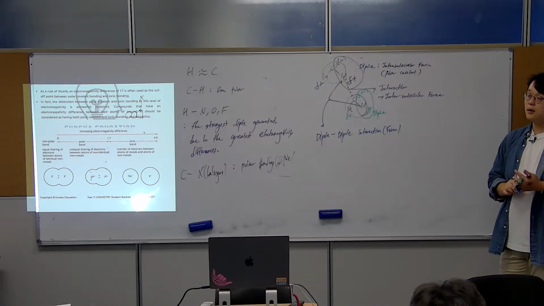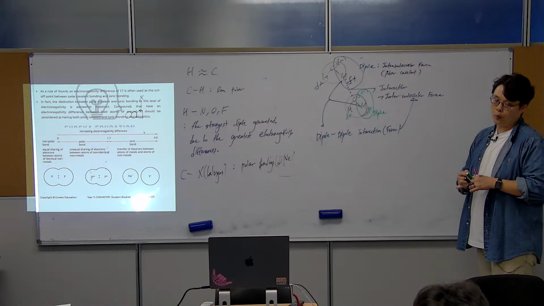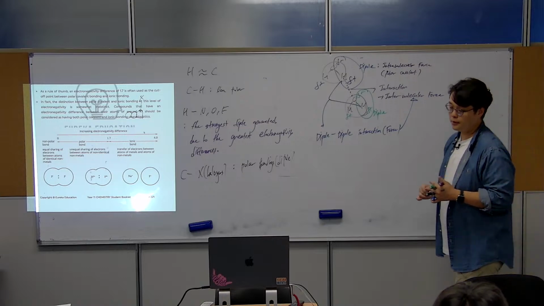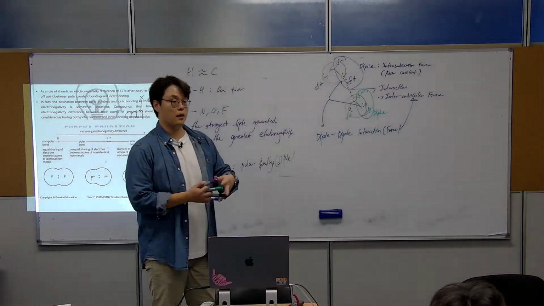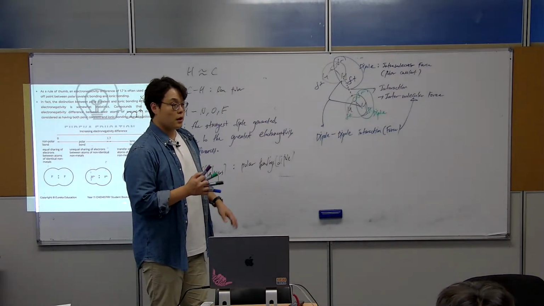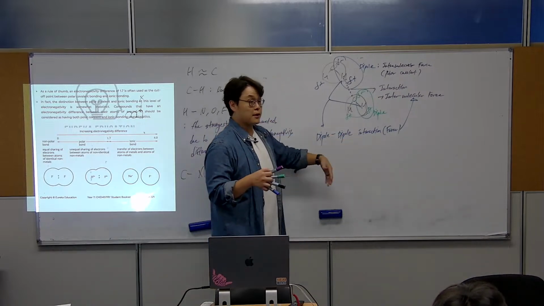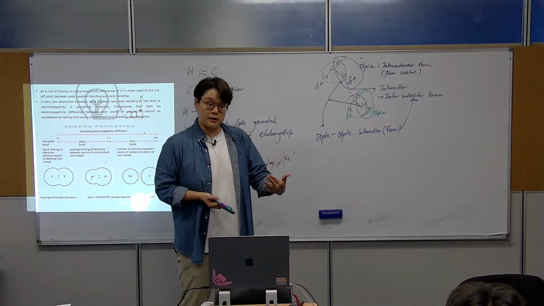And this is one of the examples of the intermolecular force. So intermolecular force is not only for when the molecule is partially charged. This shows just one example of interaction. There could be many other things. They do not need to have charges to interact.